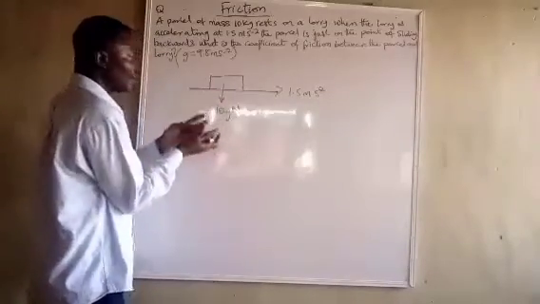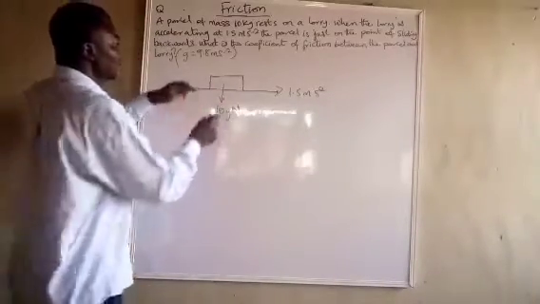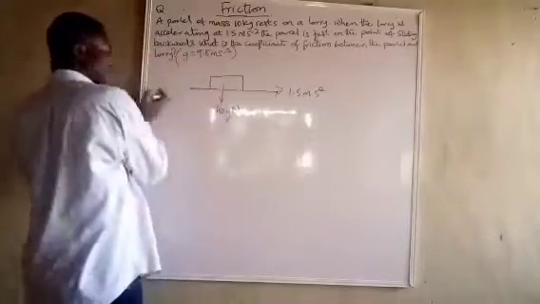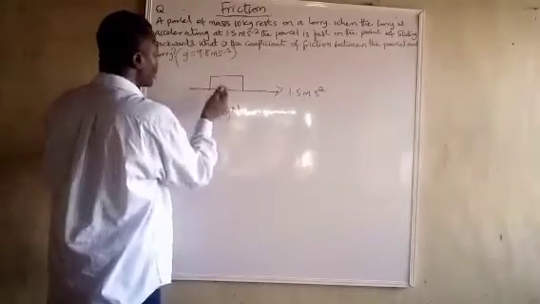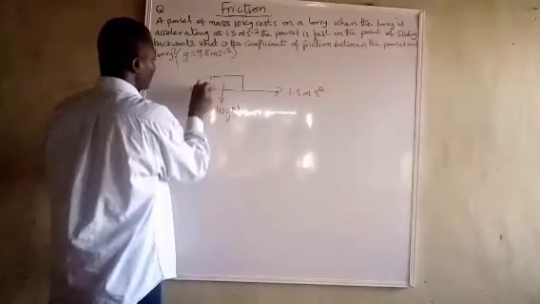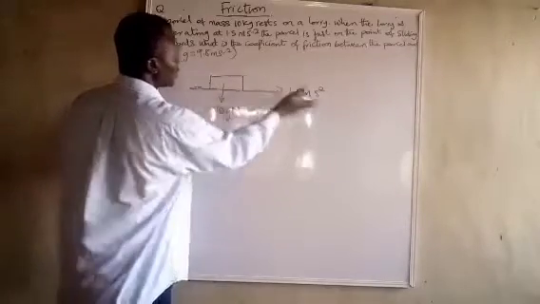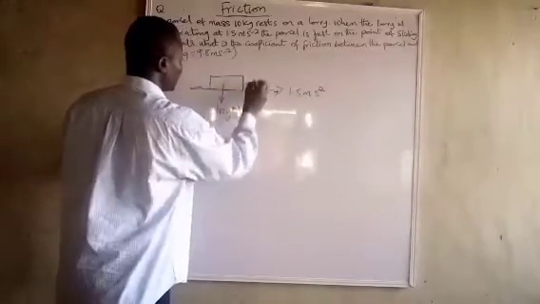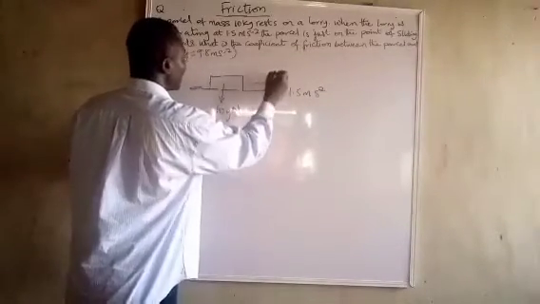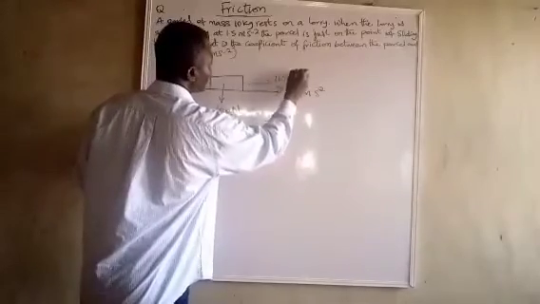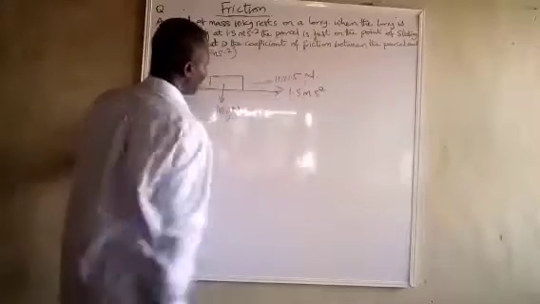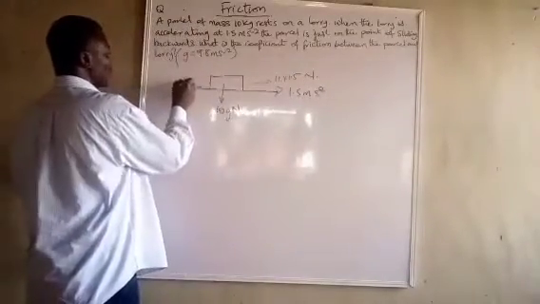Like I told you, it's like adhesion, something joining another one. So this force forward breaks the bond between this one, so that forces this one to go backward. And what is the force to the front? That is 10 times 1.5 Newton, mass times acceleration, and it's now equal to the frictional force.